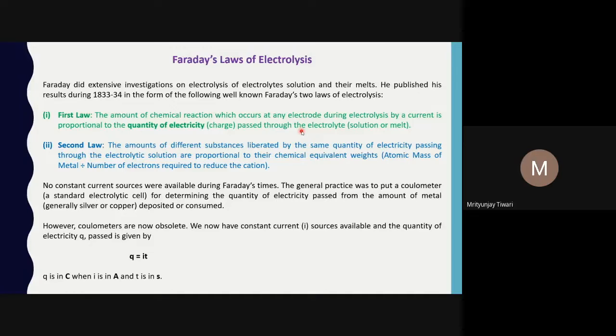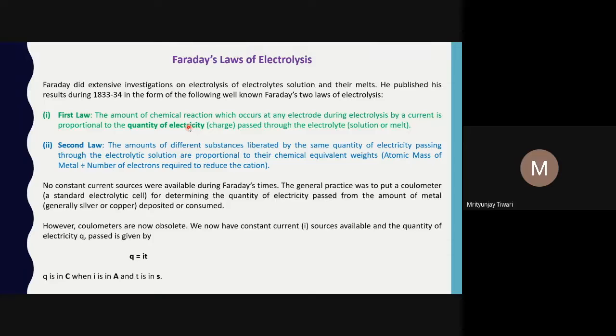So these kinds of chemical reactions, the dissolution or deposition or the liberation of gases, these are the chemical reactions that happen. And the mass of the liberated, deposited, or dissolved material is proportional to the quantity of electricity or the charge that is used for this purpose.